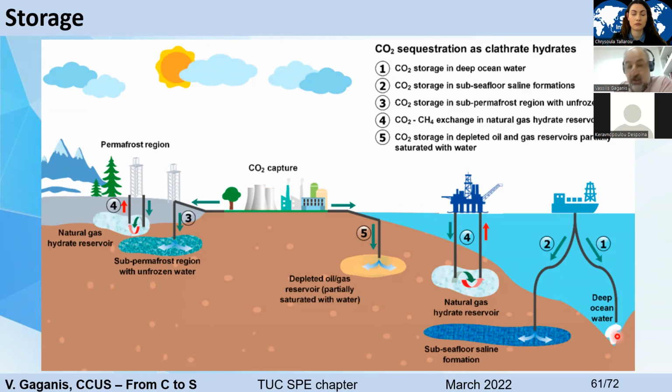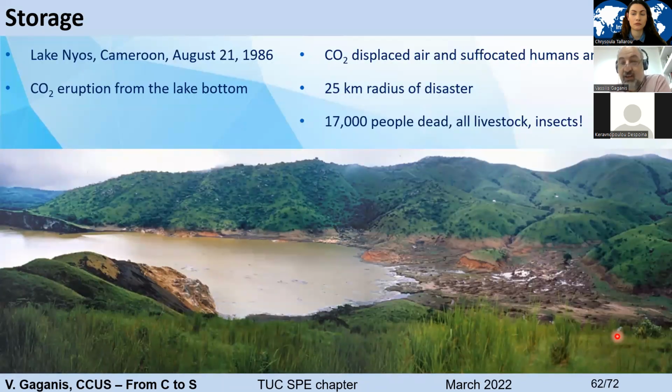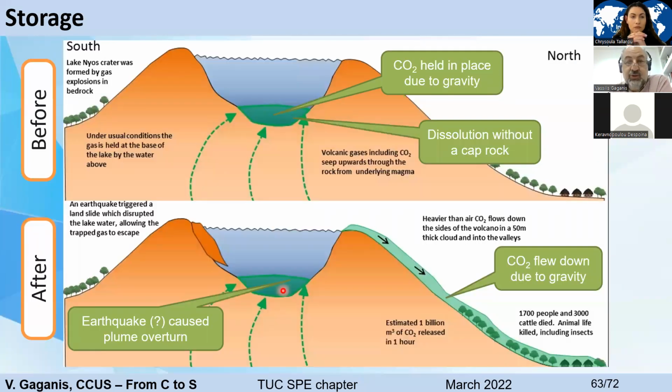I don't know. Probably you remember the case with Lake Nyos in Cameroon back in 1986, where CO2 was trapped at the lake floor, and due to some earthquake, it was released.